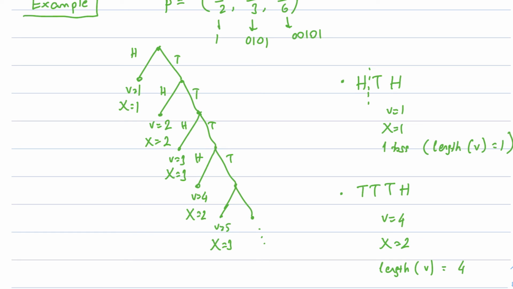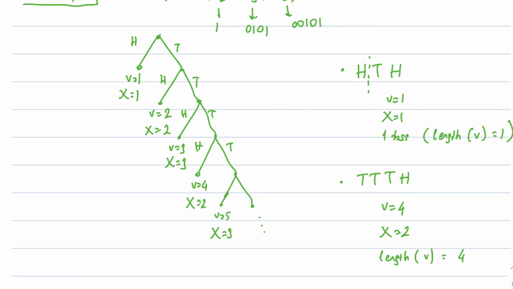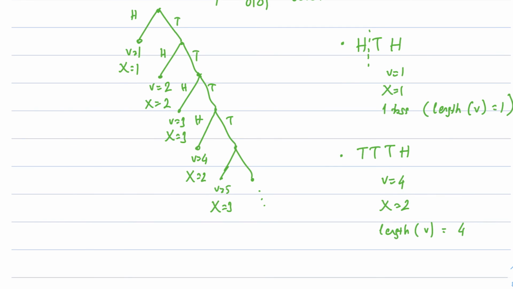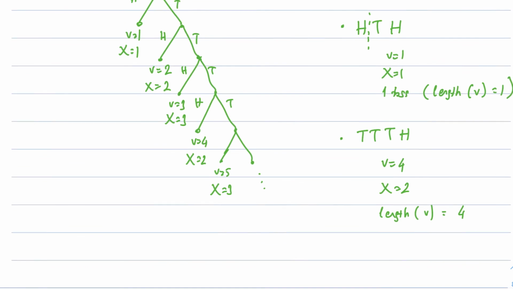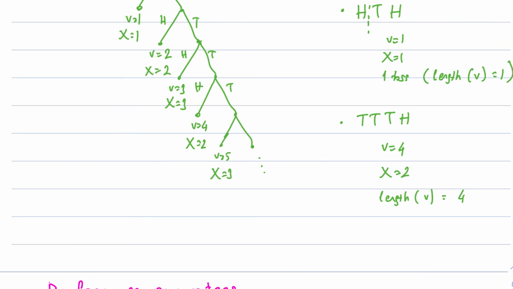If this happens, we stop at the leaf v equals 1, which is assigned to x equals 1. Therefore, we stop after the first toss. In another case, let's say that TTTH is a random coin tossing, and this sequence stops at the leaf v equals 4. Therefore, the number of tosses is 4, and the outcome is 2.